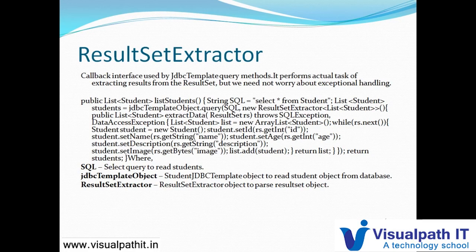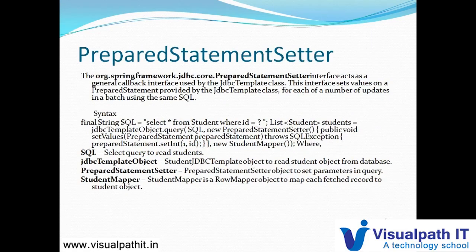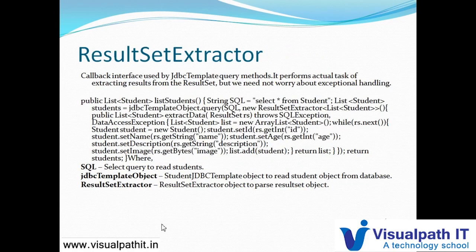Next, the result set extractor. This is a callback interface used by the JDBC template query methods. What it does is the task of extracting the results from the result set. There is no need to worry about exception handling, that will be taken care of. How is this done? First, we are creating a method, list students.